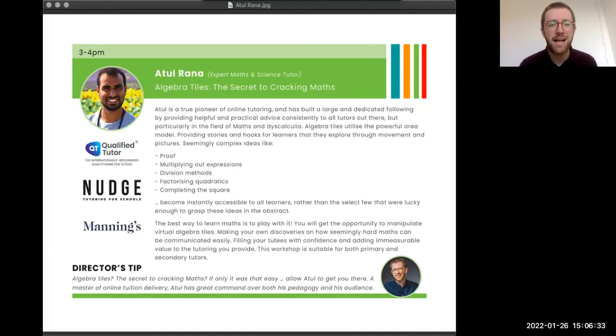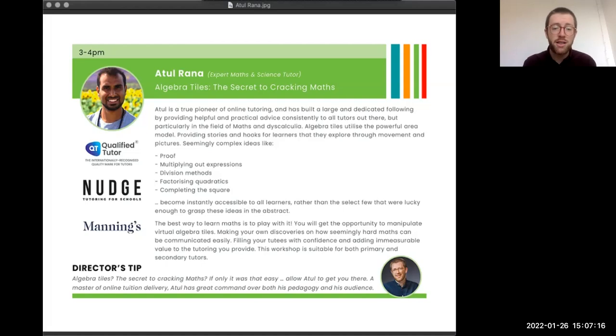And today we're going to be looking at algebra tiles, which is a key area of maths. By all accounts, I'm myself not a maths expert, so I will be quickly handing over to Atul. But really, algebra tiles, as a brief background, utilize the powerful area model, providing stories and hooks for learners that they explore through movement and pictures. So as Atul has laid out here, seemingly complex ideas like proof, multiplying out expressions, division methods, factorizing quadratics, completing the square become instantly accessible to all learners rather than the select few that were lucky enough to grasp these ideas in the abstract.